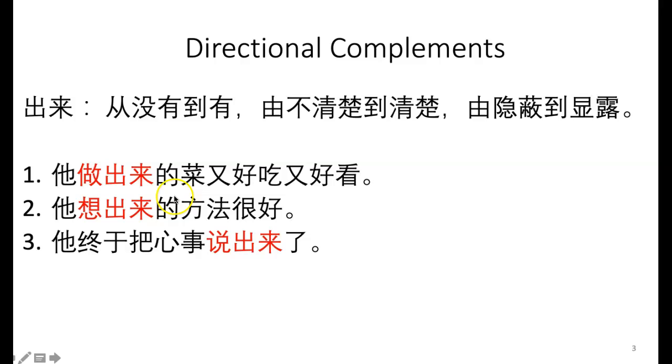So from these 2 examples, we can see 出来 used after a verb could mean something from non-existing to existing, or from something unclear to clear, or something invisible to visible.